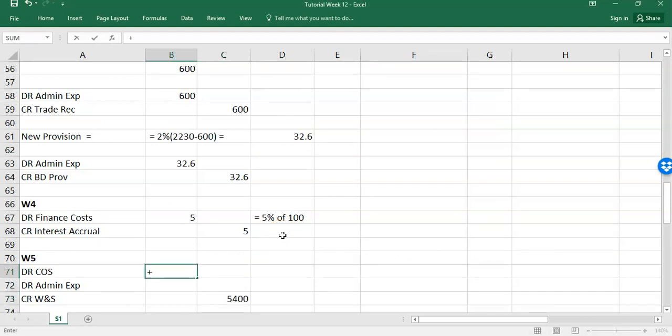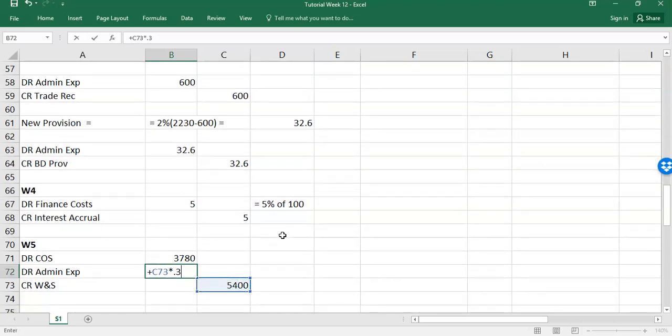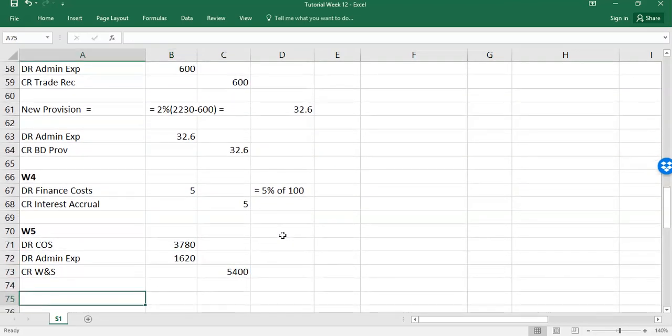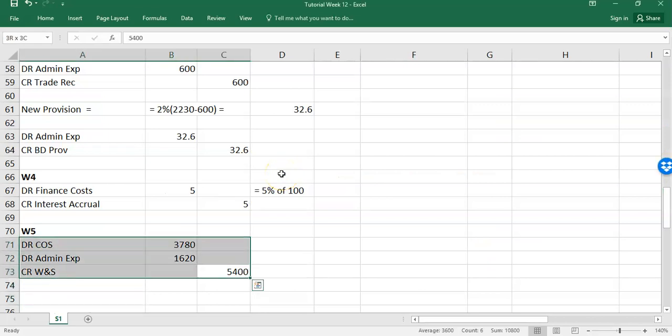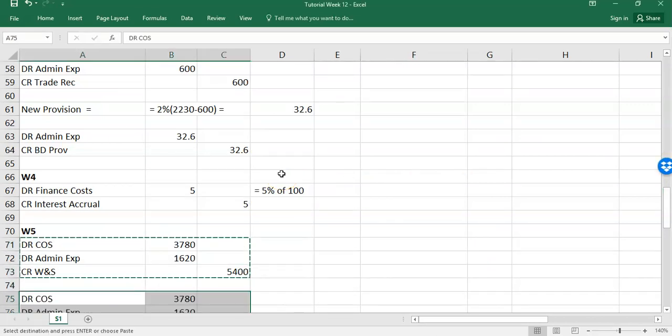What are we told? 70% into cost of sales, and you're going to put 30% into admin expenses. So that's all you need to do. Again, you don't have to show debit and credit, but it's just easy to show where it's coming from and where it's going. Then light and heat is the same, but the split is 80-20.